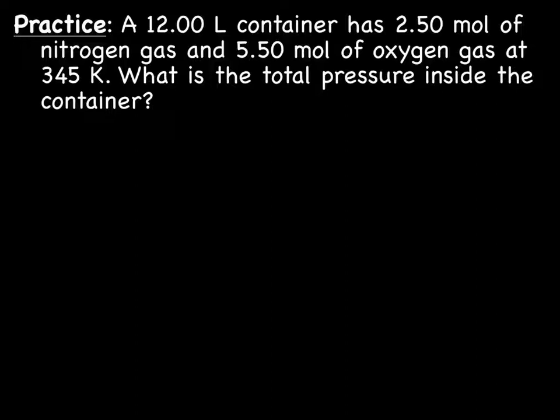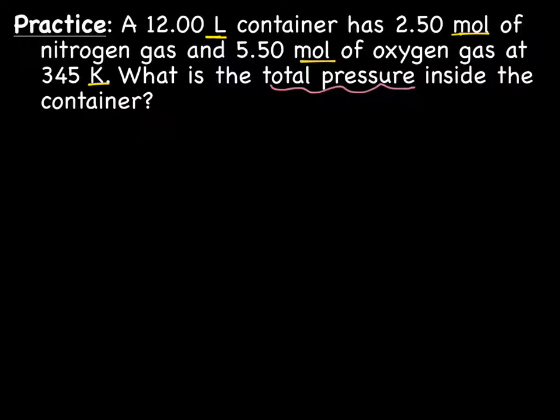All right, so let's start with the question. We're looking for total pressure. So if we're looking for total pressure, somewhere in here there must be partial pressures. However, they don't give us any other pressures. What do they give us? They give us volume, they give us moles of 2 different gases, nitrogen and oxygen, and they give us temperature. So again, the variables we have are volume, moles, temperature, and pressure.